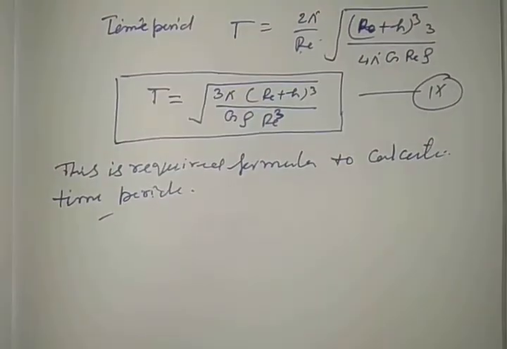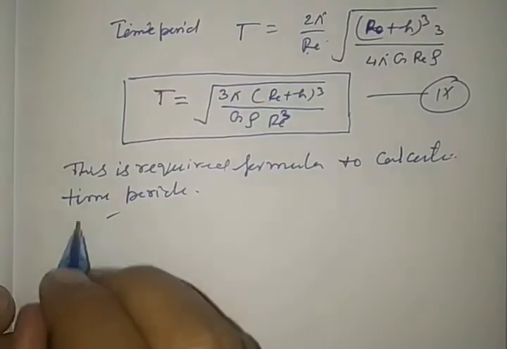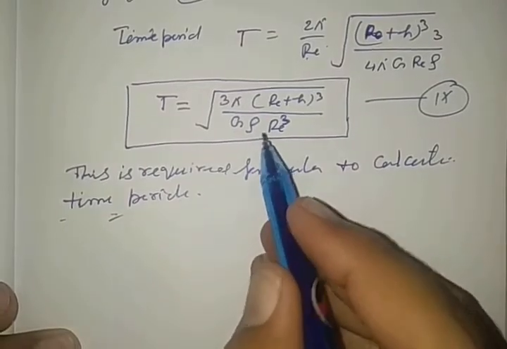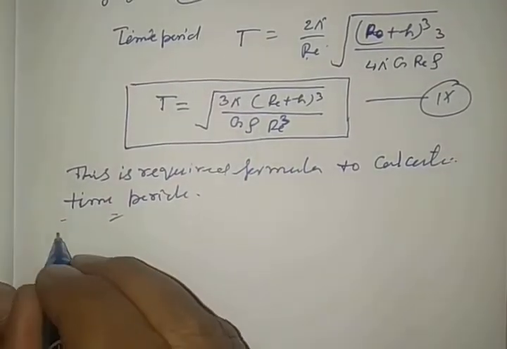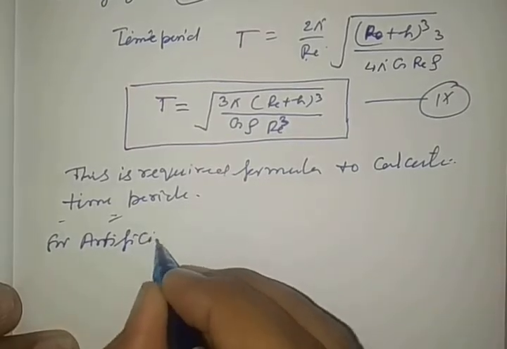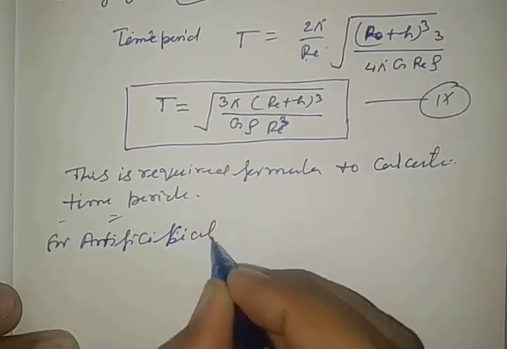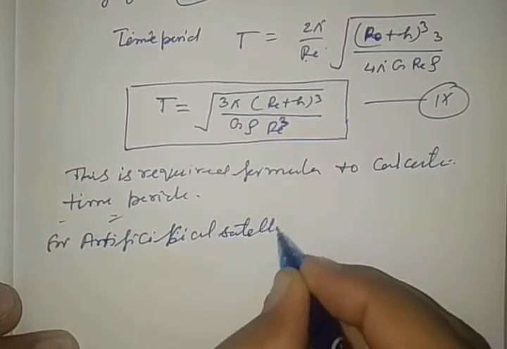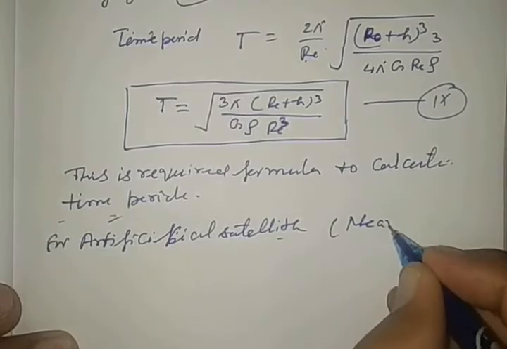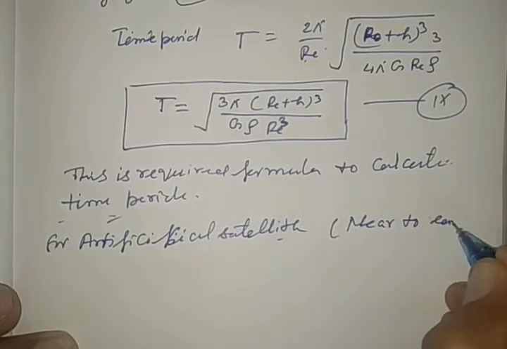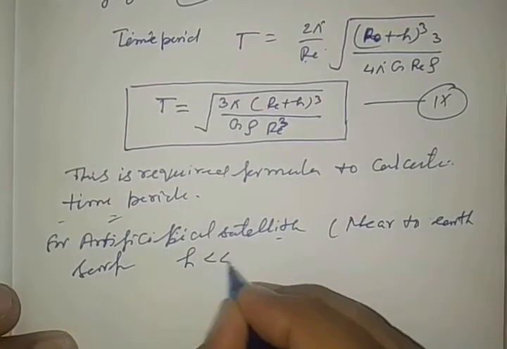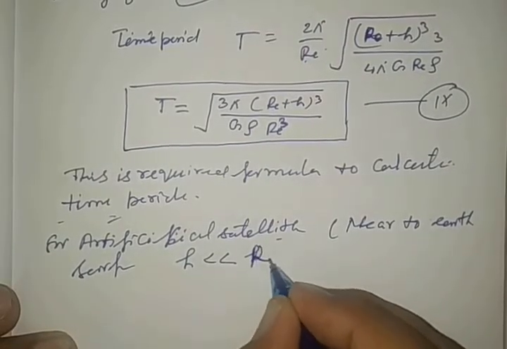See, one thing is important. We are going to transform this standard formula for an artificial satellite. This satellite is near to the Earth's surface, not geostationary, where h is much less than the radius of Earth.